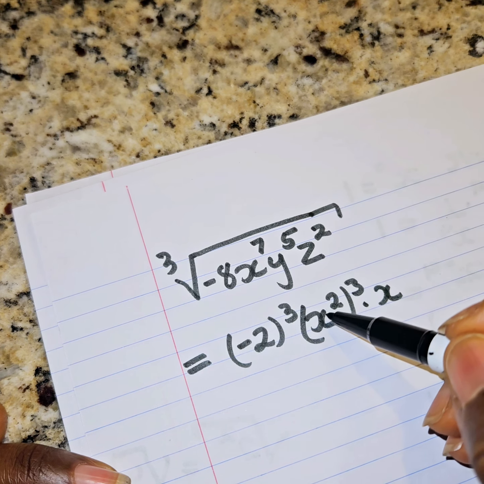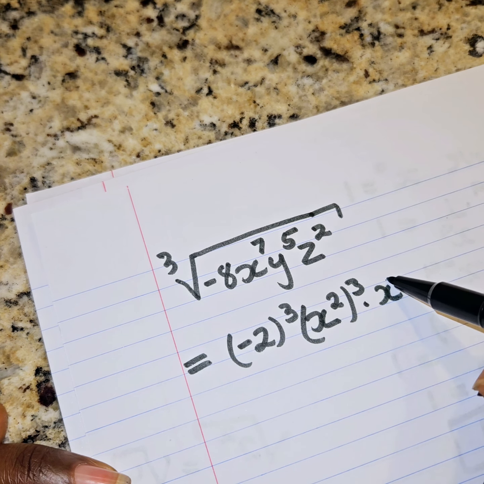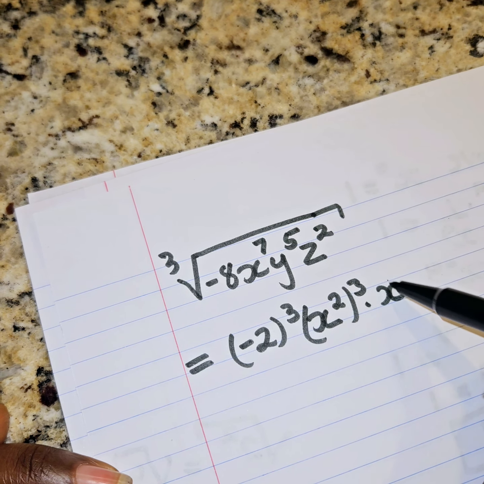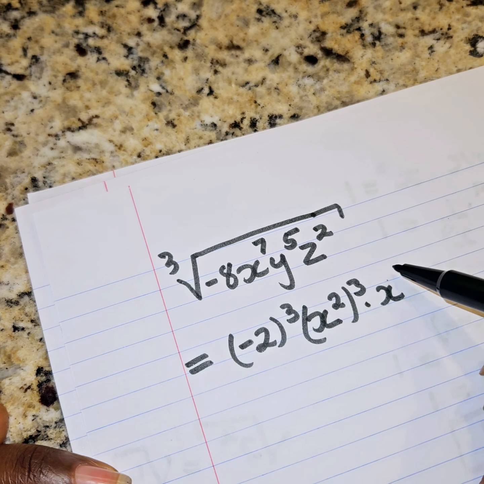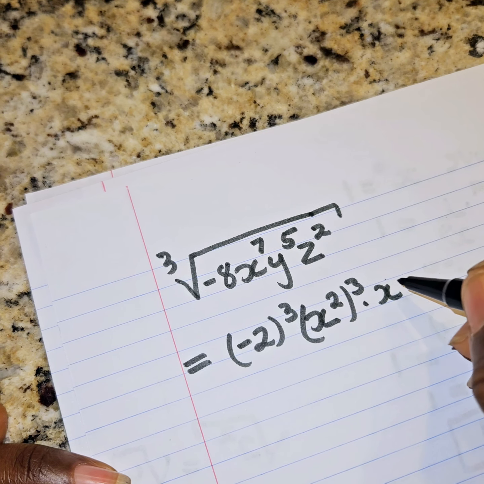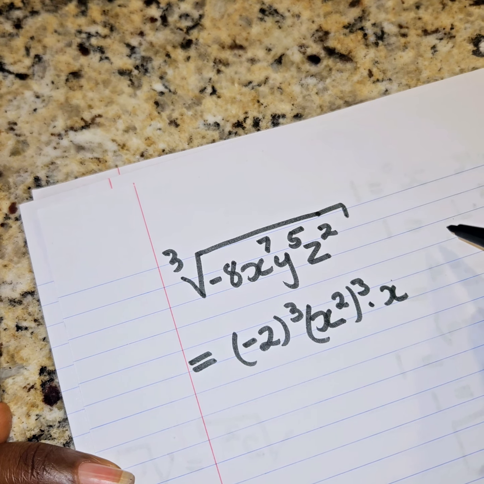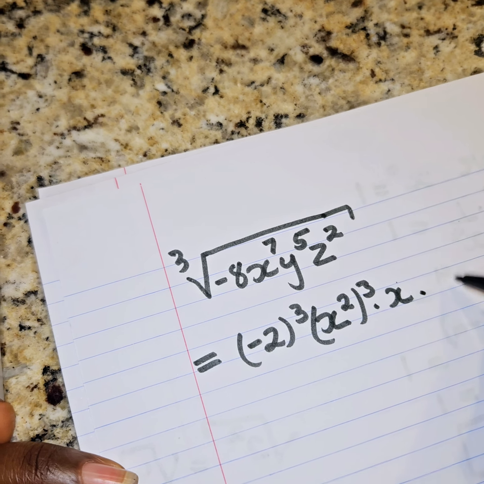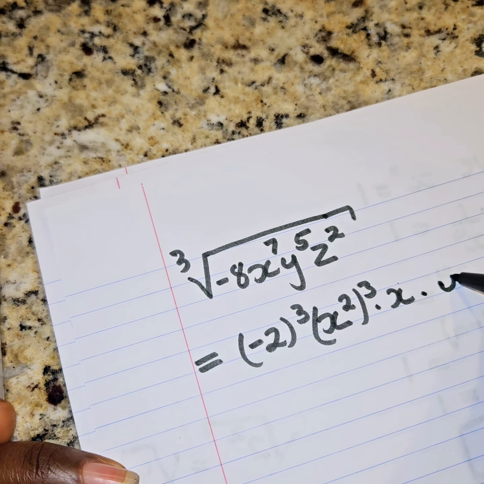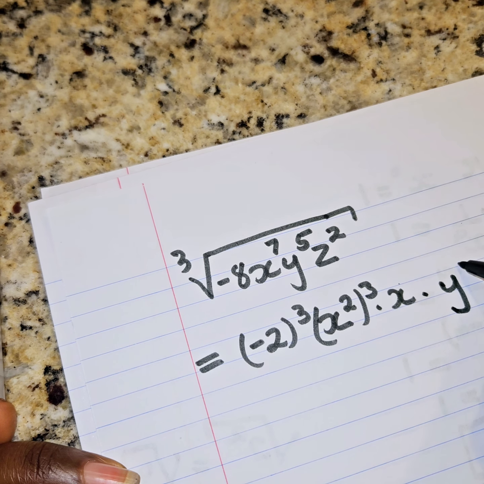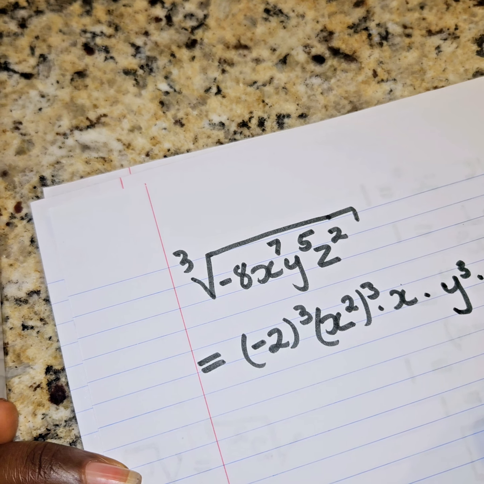X to the 7 is x to the 6 times x to the 1. That's why I'm trying to do that, so that it will be easy for me to find the cube root. Then times y to the 5, I can write that as y to the 3 times y squared.